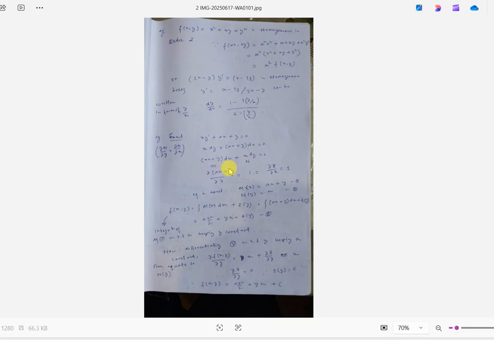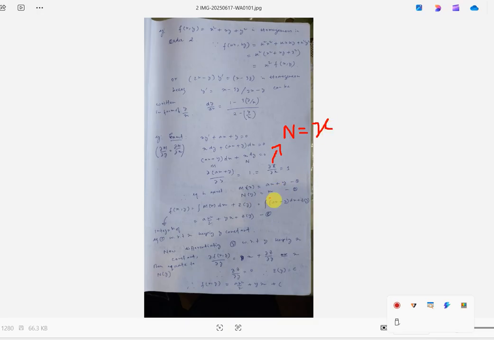Then if we take the partial of M with respect to y, it will be equal to 1, and the partial of N with respect to x will be equal to 1. This should be N, which is x, because N is nothing but x here.